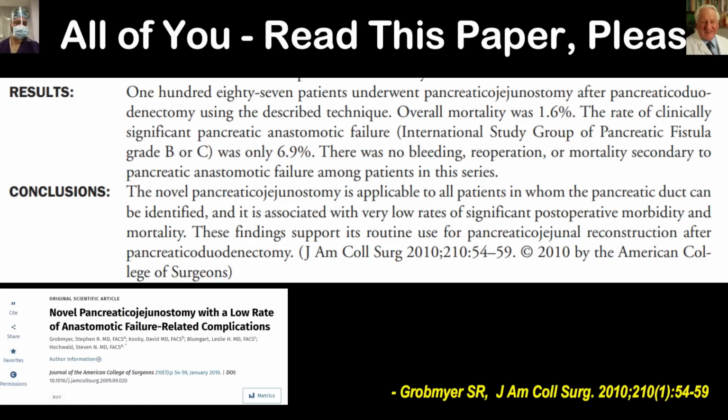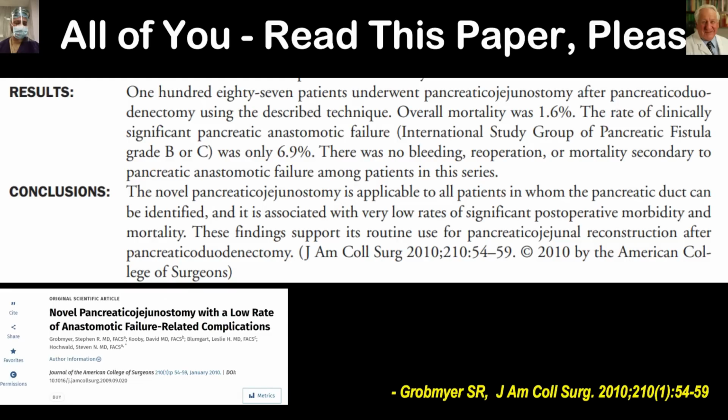So the Blumgart pancreaticojejunostomy is applicable to all patients in whom the pancreatic duct can be identified, and is associated with very low rates of significant postoperative morbidity and mortality. So friends, this is the paper you can read.